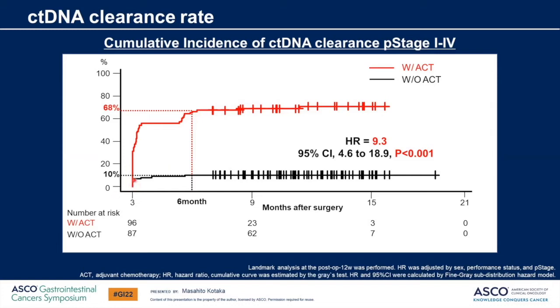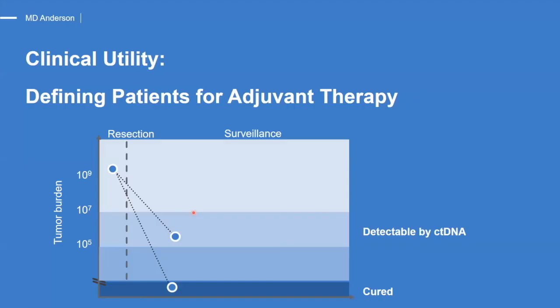Now, there's also a small proportion of patients. There are 4 or 5 different cohorts here. I think it's actually a smaller number, maybe about 10 patients or so, that were positive at some point early on, did not get any adjuvant therapy, but then actually had cleared spontaneously by about 6 months. So just acknowledging that there is a proportion here that we still need to better understand. There are a few percent that I think can happen.